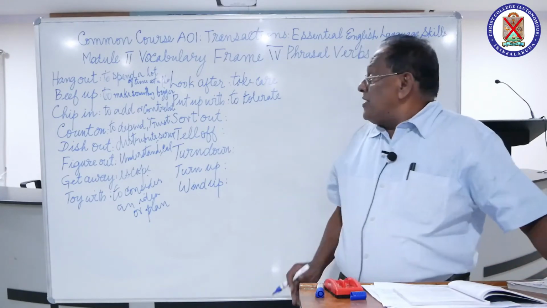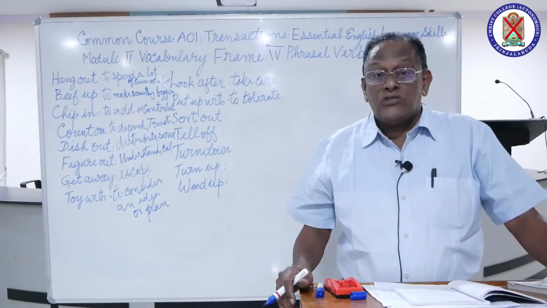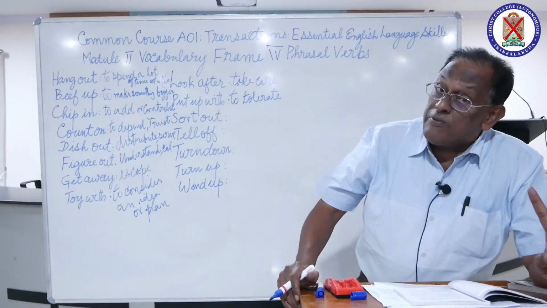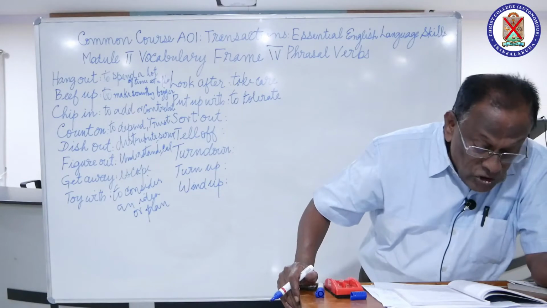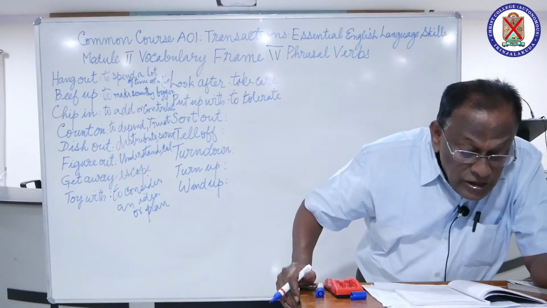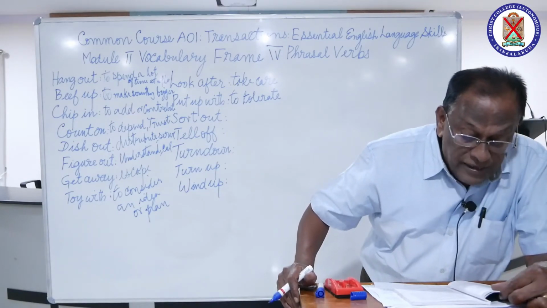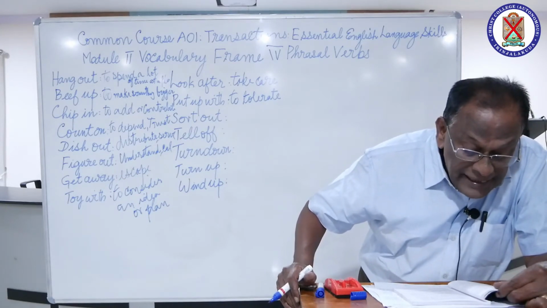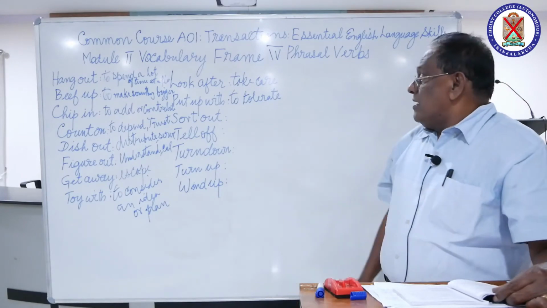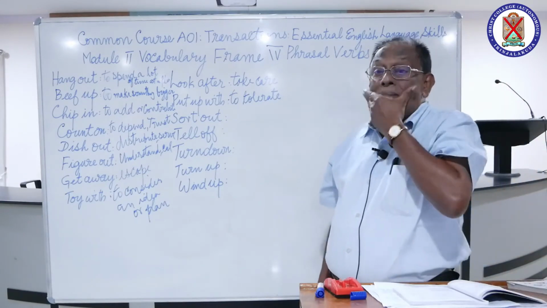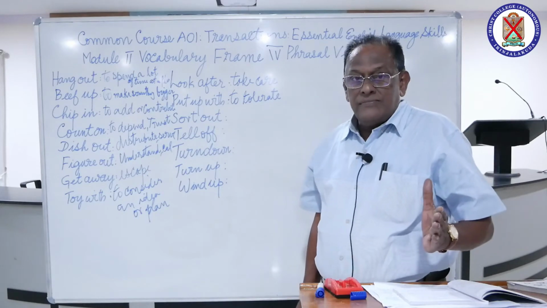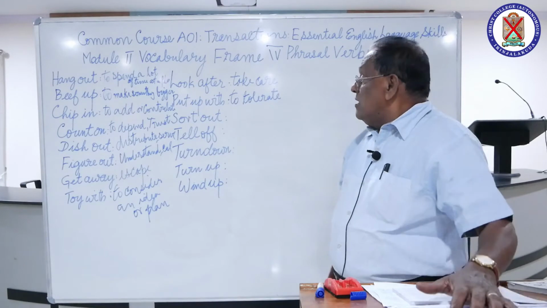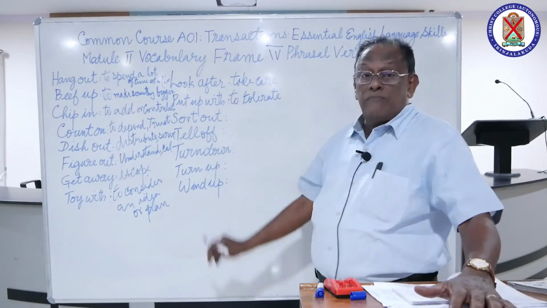Now, next one is sort out. S-O-R-T. Sort out. The meaning of this particular phrasal verb, sort out, is to order or tidy something or deal with an issue successfully. When there was student unrest in the college, the principal tried to sort out the problem.